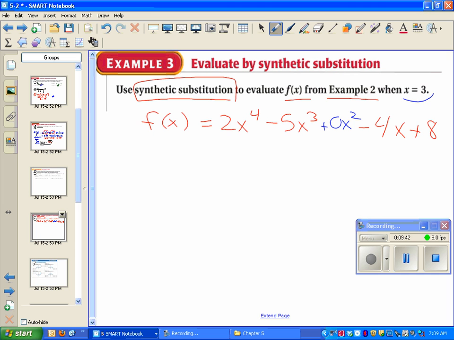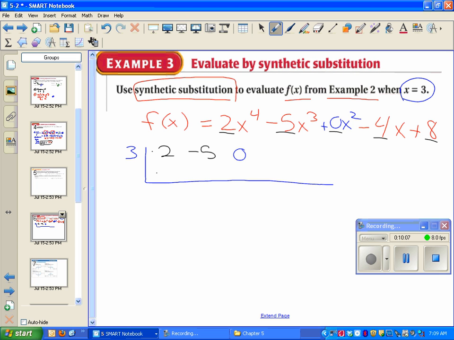So whatever I'm evaluating, I'm going to make an upside down long division box. So I'm going to put that 3 on the outside, and then I'm going to put all my coefficients, including 0. There's going to be 2 rows. So I'm going to put the coefficients on the top row, and it's going to be 2, negative 5. Make sure you put 0.